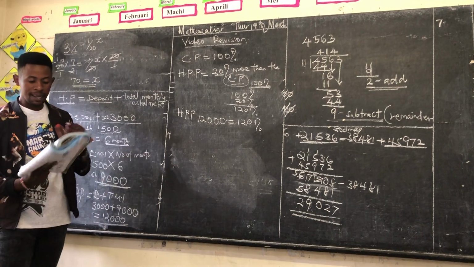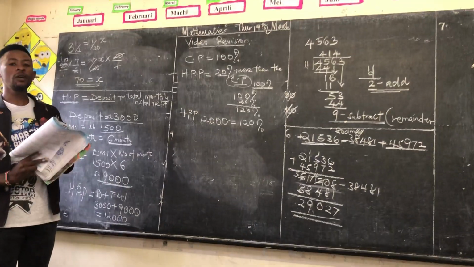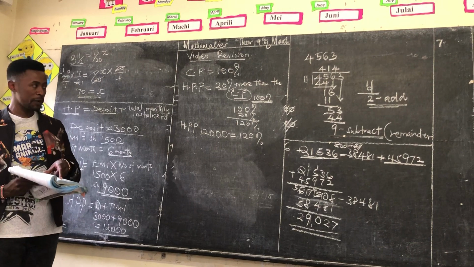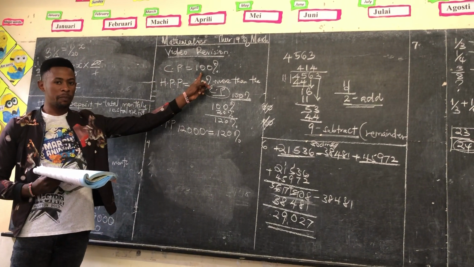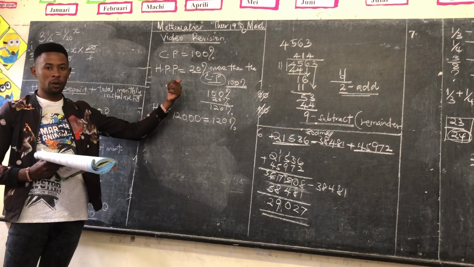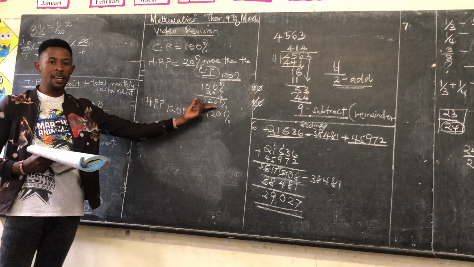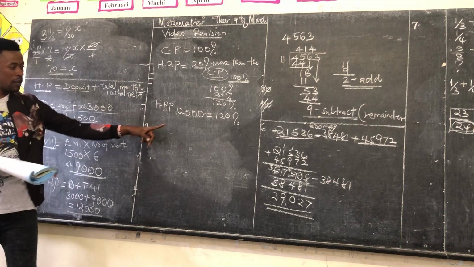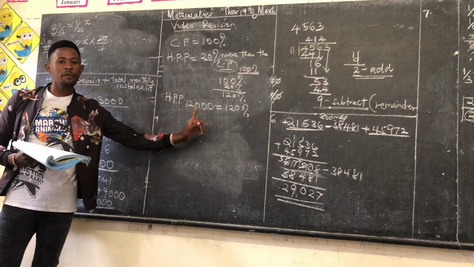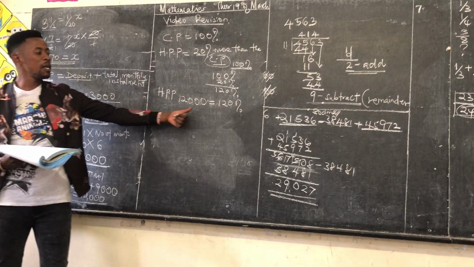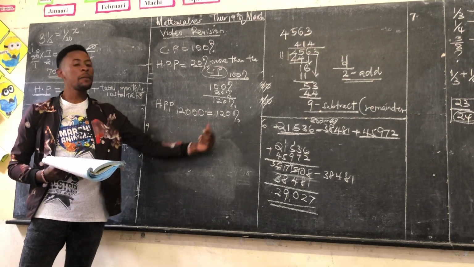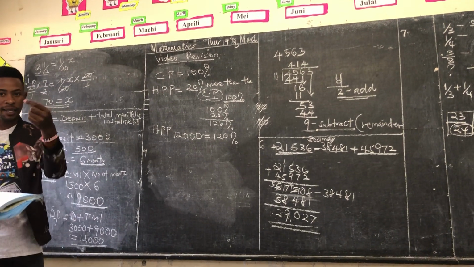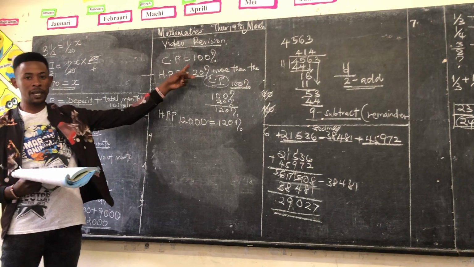Because we've been told that the hire purchase price was 20% more than the cash price. The cash price being 100%, 20% more, it will be 120%, and that is the hire purchase price, which we've calculated as 12,000.